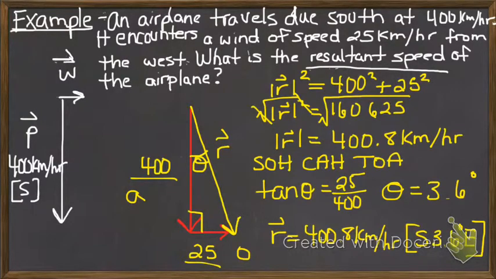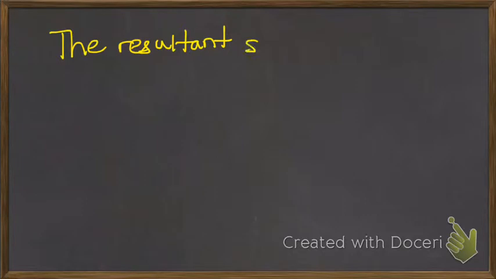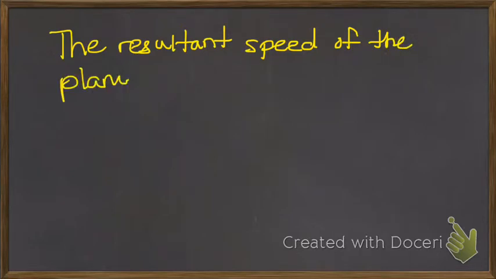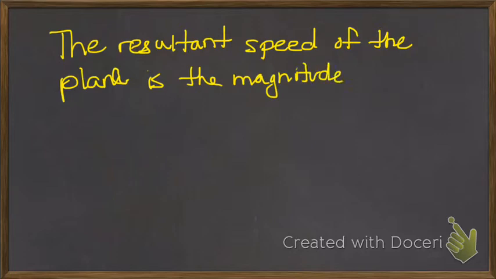Another way that we can state this answer, and I'll just go to a new slide, is stating the resultant speed of the plane is the magnitude of the vector r.